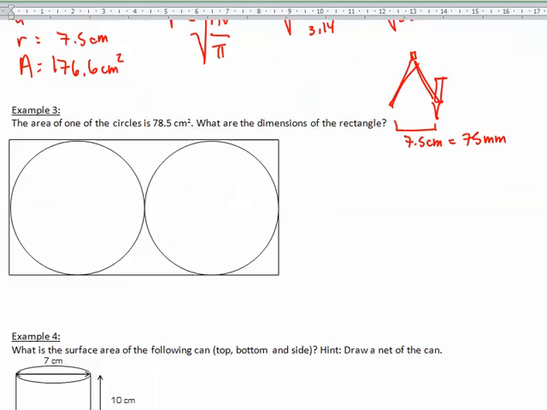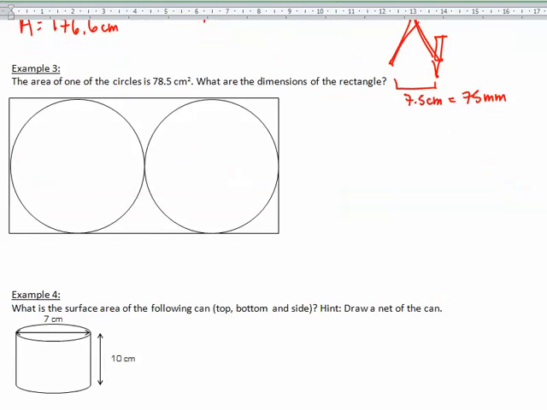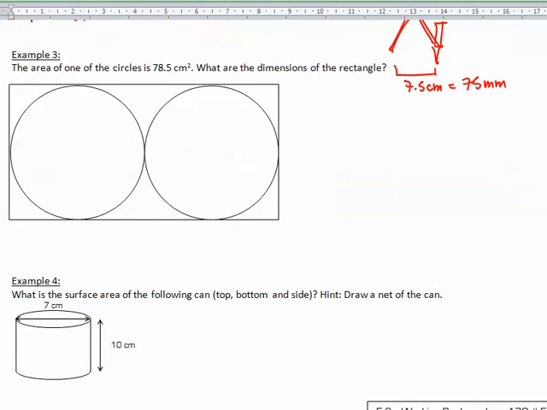So if we continue on, the area of one of these circles is 78.5 centimeters squared. What are the dimensions of this rectangle? Again, C, D, R, A. Oops, small r. Well, let's think about this.